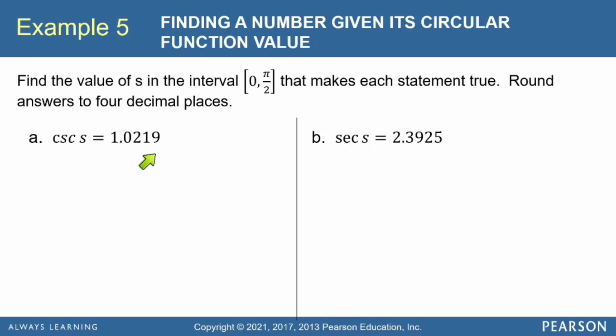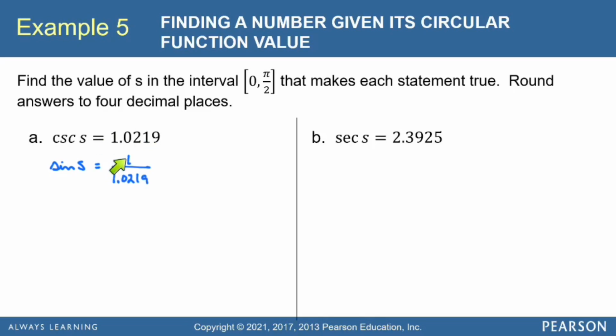So what we'll have to do first is restate this in terms of either sine, cosine, or tangent. So we know that cosecant is the reciprocal of sine. So if the cosecant of s is 1.0219, that means the sine of s is the reciprocal of 1.0219.